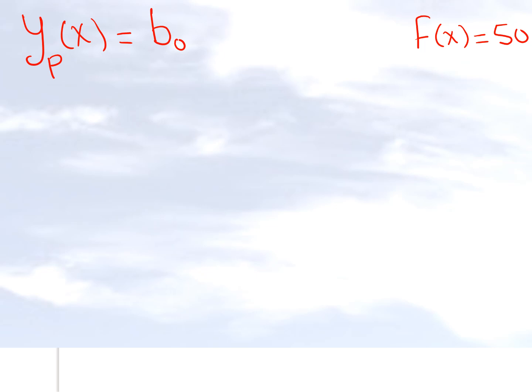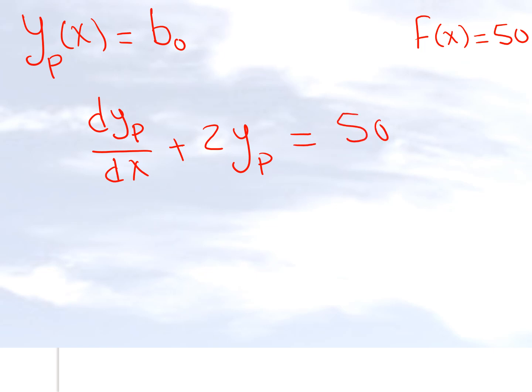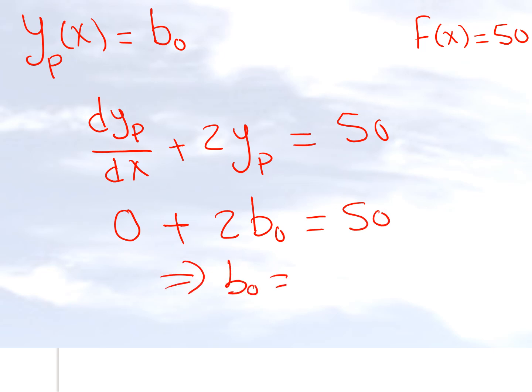The differential equation was dy/dx plus 2y equals 50. So now we have a proposal for yp. The derivative of yp is equal to 0, plus 2yp, so 2 b0, equal to 50. So from here we have b0 is equal to 25, and as a result, our particular solution yp of x is equal to simply 25.